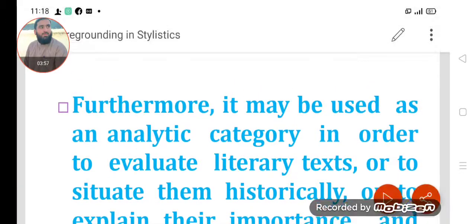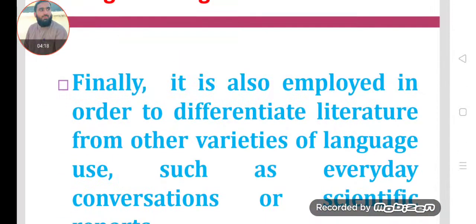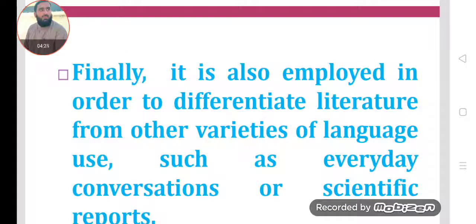So, we use this foregrounding technique for the evaluation of literary text. We can say that this text is of the best category, so we can evaluate texts on the basis of foregrounding techniques.